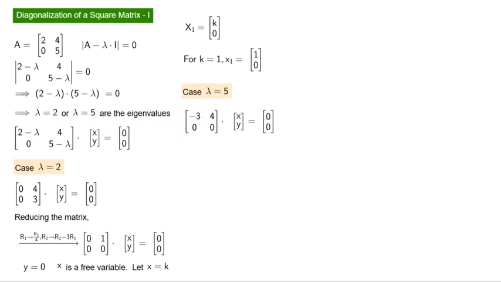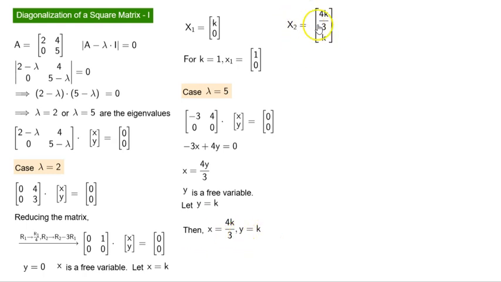So we have minus 3x plus 4y equal to 0. That is x equal to 4y by 3, and y is a free variable. So let y equal to k. Then x equal to 4k by 3, y is equal to k. The set of solutions for eigenvalue 5 is 4k by 3 comma k.